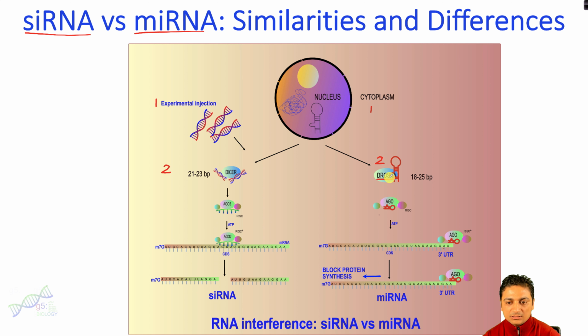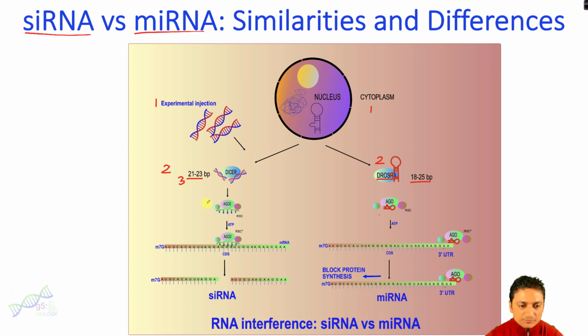It cuts the miRNA into smaller pieces. siRNA is cleaved into smaller pieces, and usually it ranges around 21 to 23 nucleotides long, while in miRNA the length after cleavage will be around 18 to 25 nucleotides long. So this is going to be the third difference between siRNA and miRNA.